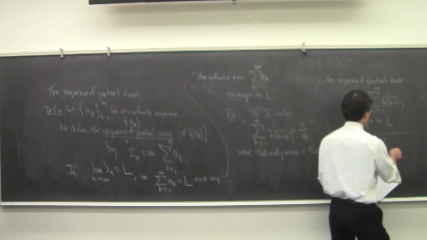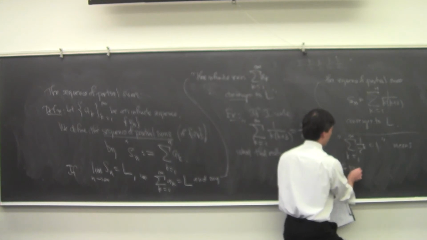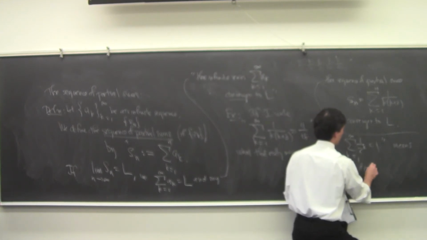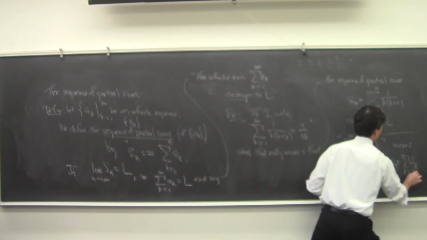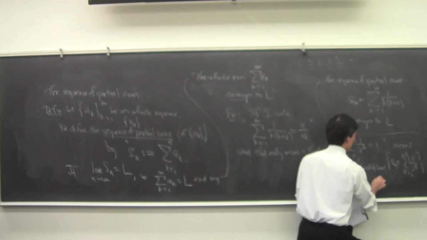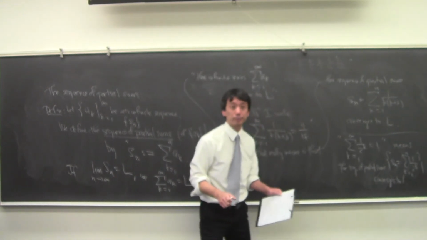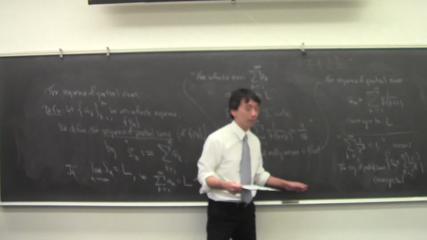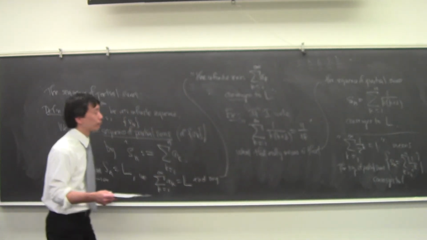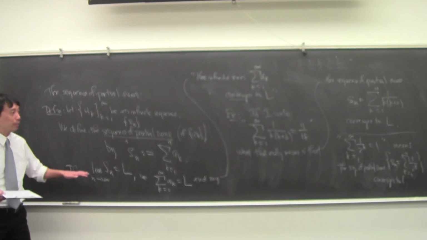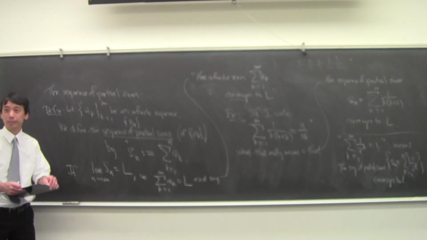What this means is that the sequence of partial sums S of n, being the sum of these guys from k equals 1 to n, converges to 1. And this is how we create a kind of infinite arithmetic. We create it by translating it into terms of infinite sequences.